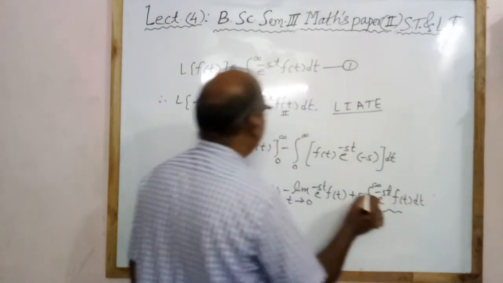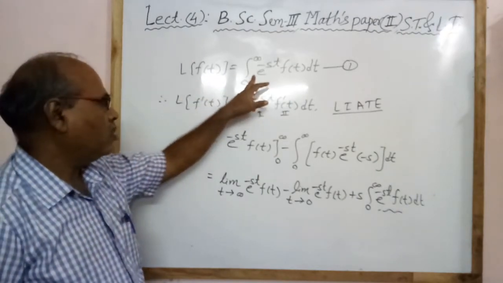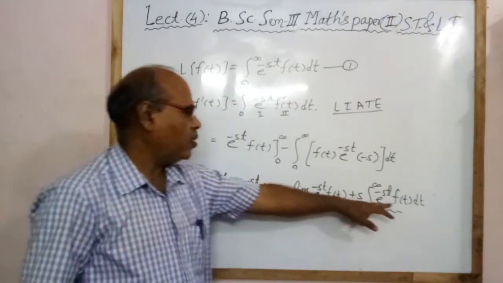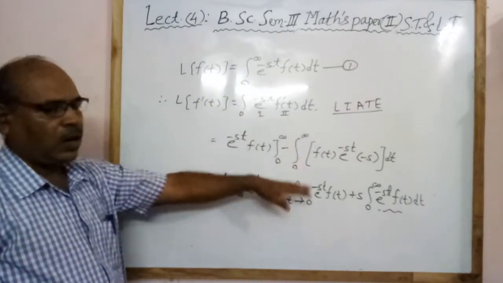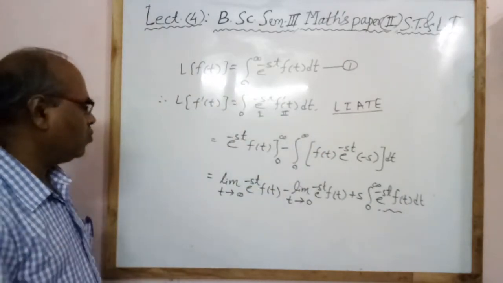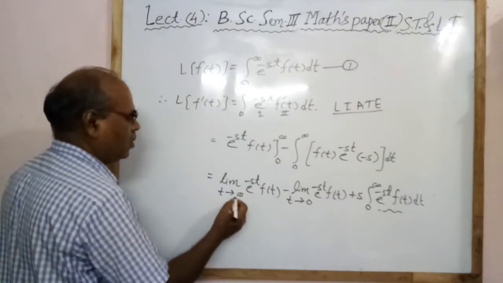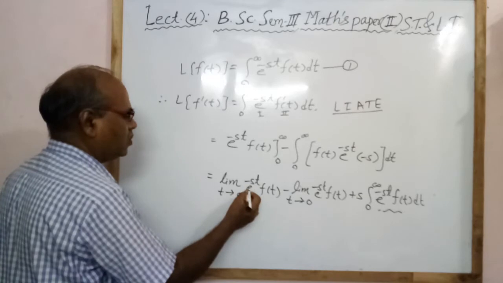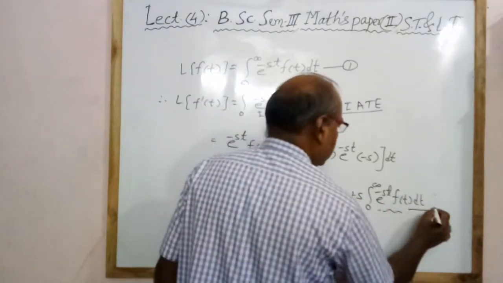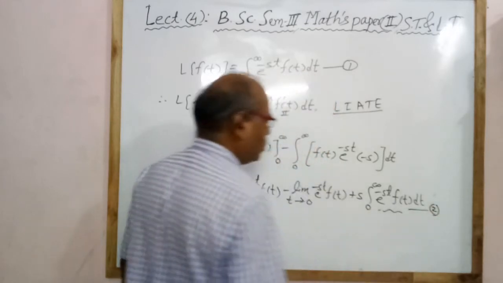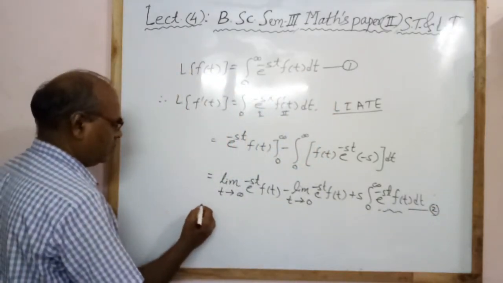Now this term is, by definition of Laplace transform, integration 0 to infinity e to the power minus st f of t dt, which is nothing but Laplace of f of t by equation 1. And the limit of the first term is 0, because it is given that the function f of t is of exponential order.